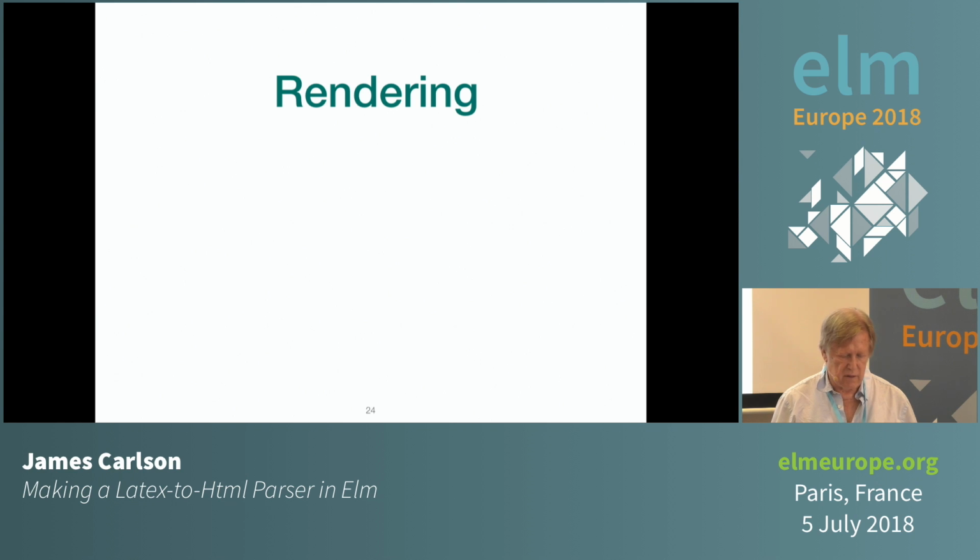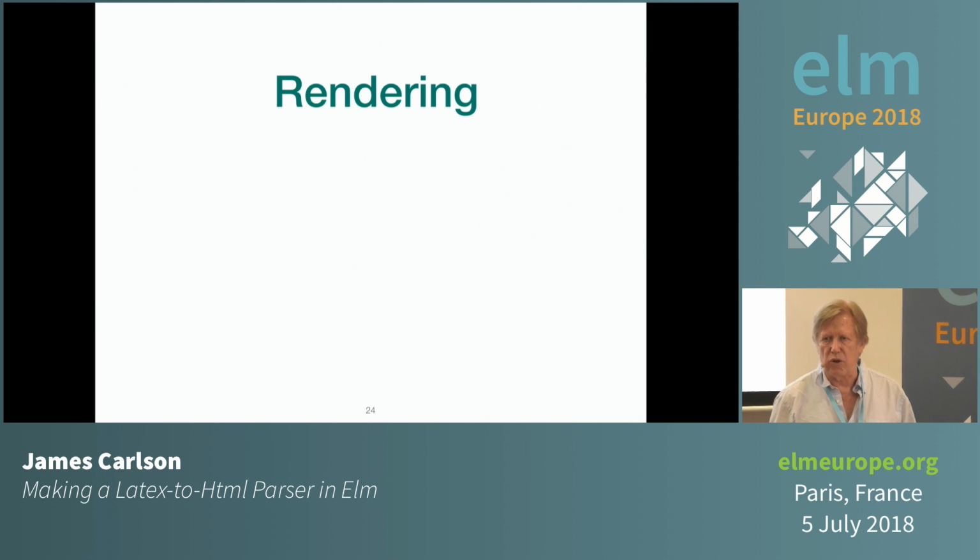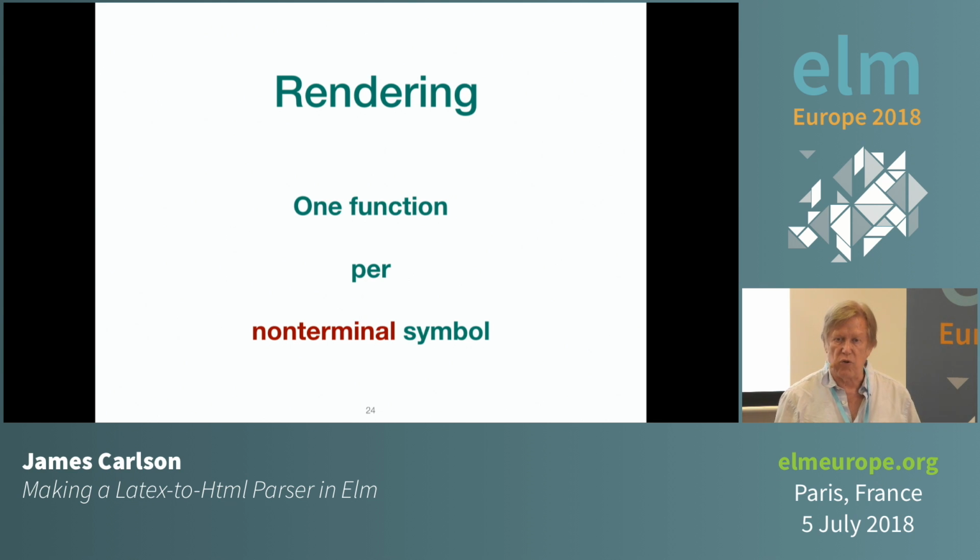So to wrap things up, let me say a few words about rendering, because remember there was this two-step process. First create the AST, then render the text. So rendering turns out to be very easy once you have the abstract syntax tree. All you have to do is write one rendering function per non-terminal symbol. And I actually have several renderers.